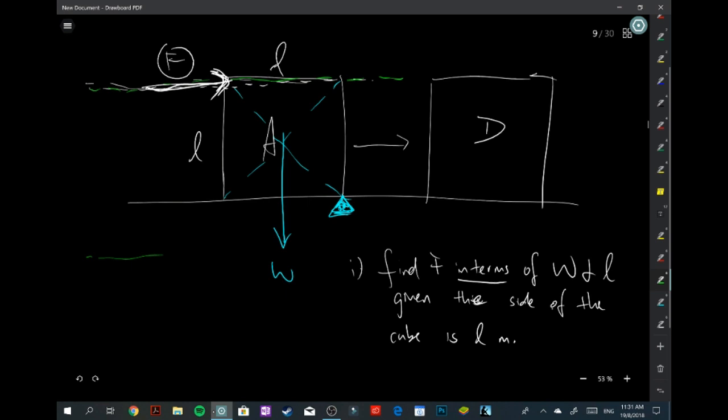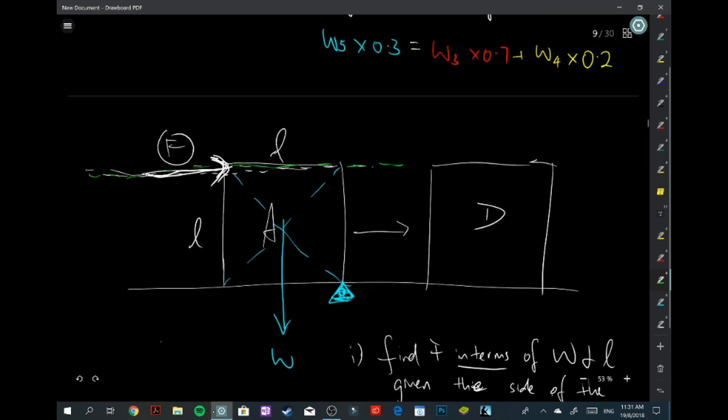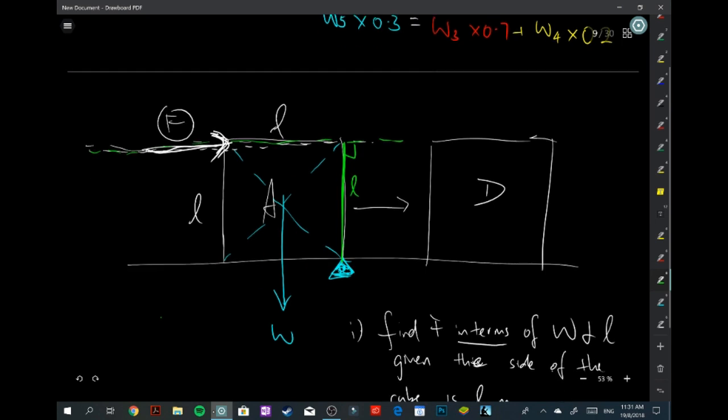The question is, if I have a line like this and a pivot here, where is the perpendicular line? You will tell me that it is here. So let's draw it in. This is the perpendicular distance we are looking at. So the perpendicular distance for the green force is L.